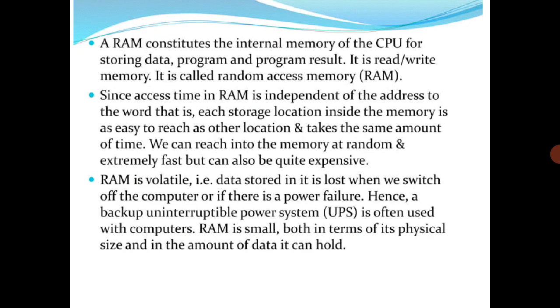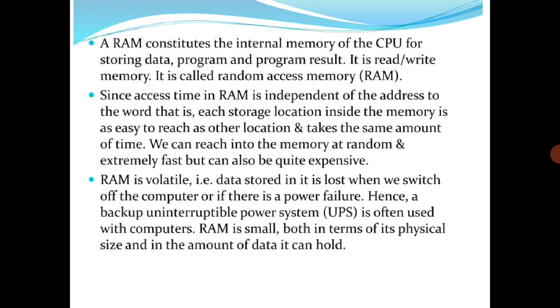A RAM constitutes the internal memory cell of the CPU for storing data, and the access time in RAM is independent of the address where the word is stored. Each storage location inside the memory is easy to reach, and it takes some amount of time. So we can reach the memory at random and extremely fast, but it is also quite expensive.